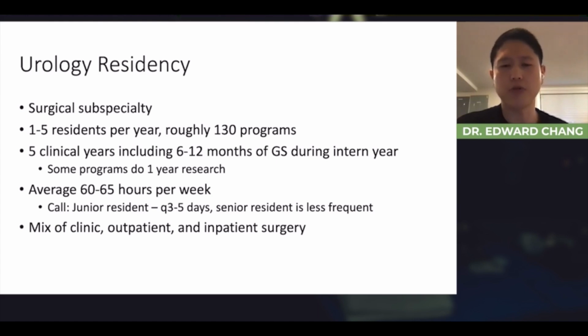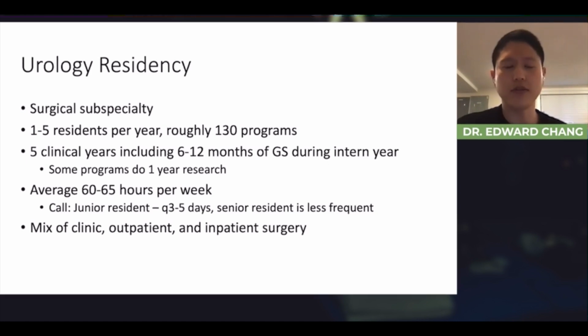And there are many programs where you don't take any primary call as a chief resident, or you're in your final year. So for example, at my program, we take home call. So we actually cover multiple hospitals from home. And then there are some programs, going back a second. When you do home call, you don't get a post-call day.